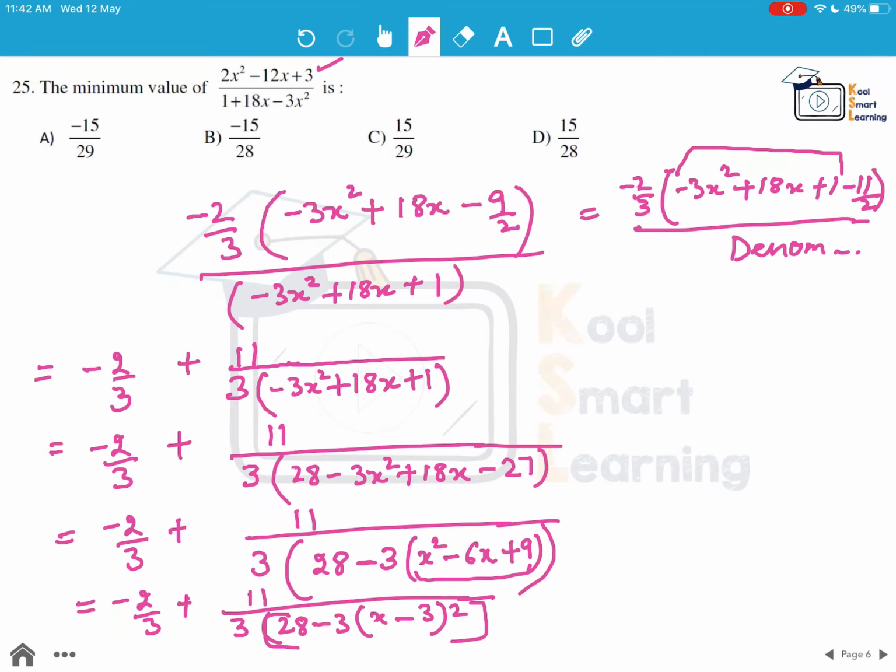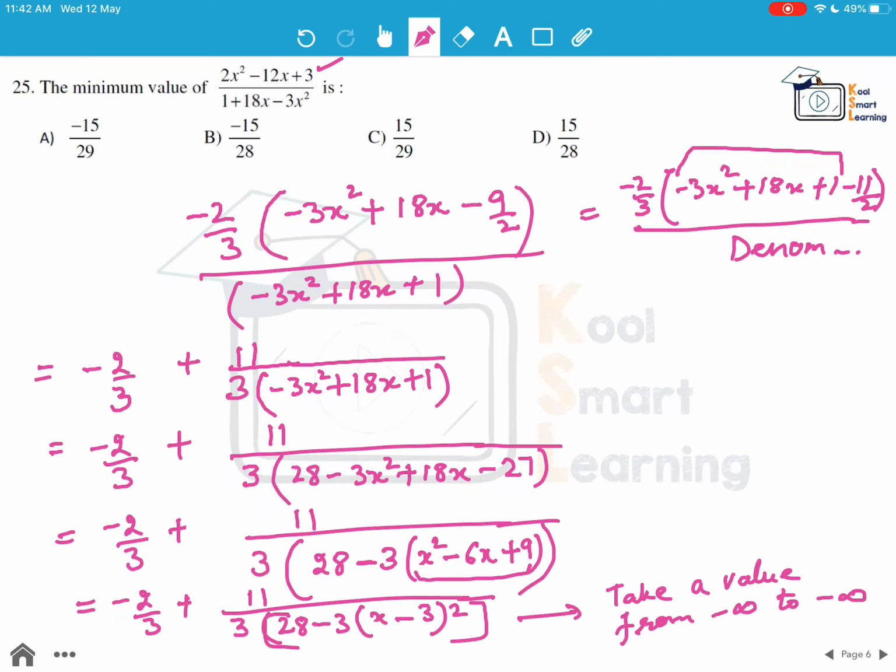Now if you actually look at this, it can take a value from minus infinity to infinity, but since we are given the options, what we'll do is find out the local minima in that range.